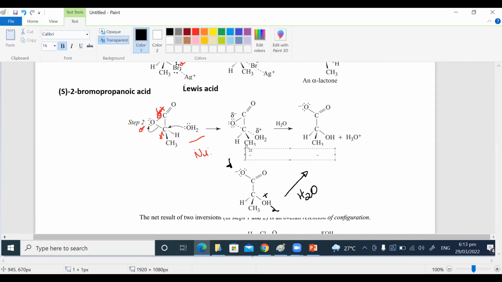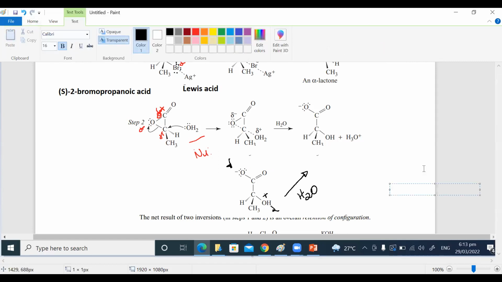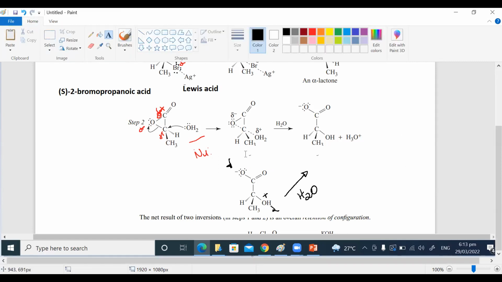There should be an arrow here. You have your oxygen-carbon bond being broken when the carbon-oxygen bond is being formed here, and this is positively charged. And once you get your water, its electrons abstract the proton here.